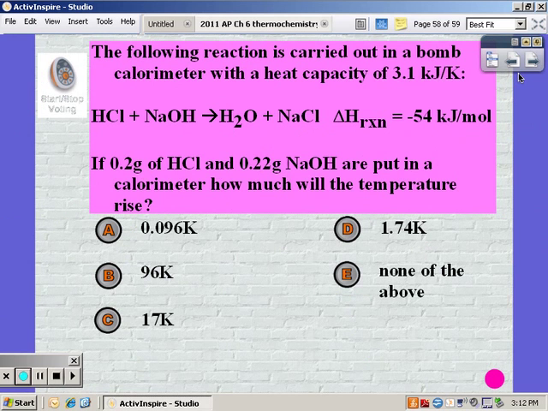You'll need to convert both of them to delta T. So we're going to ignore the 0.22 grams of NaOH to start with and just work with the 0.2 grams of HCl. Just like the last problem, we need to find out what our Q, or how much heat will be released, when we react 0.2 grams of HCl according to that equation above.